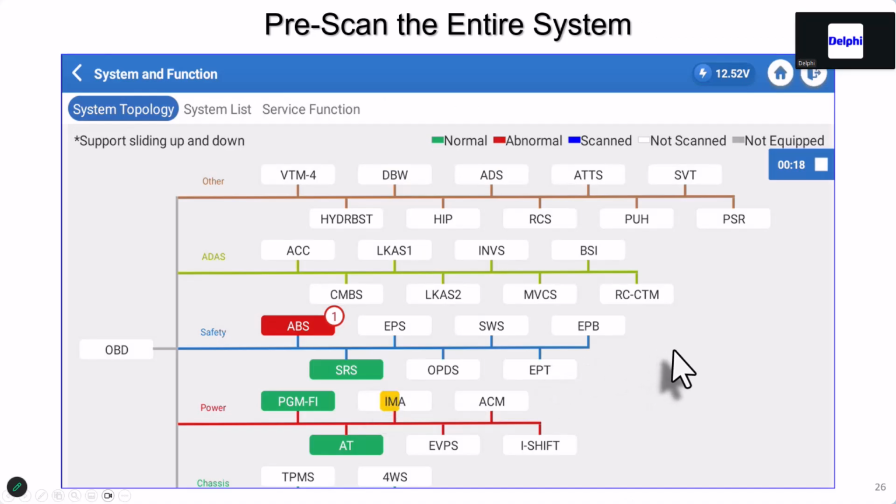Pre-checks, absolutely got to do this today. Everybody should have some kind of scanner now capable of doing a topology check or a network check. You used to call it state of health, but remember, if you're on your global scan tool, you're only talking to two possible modules, engine and transmission. I've had already a half dozen cases recently where it wasn't in those modules.